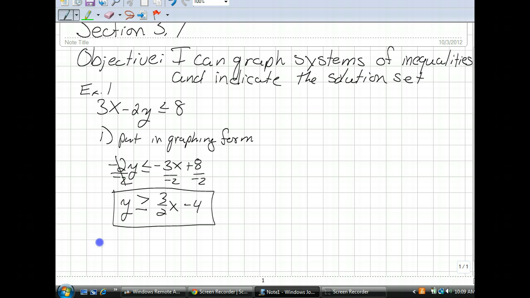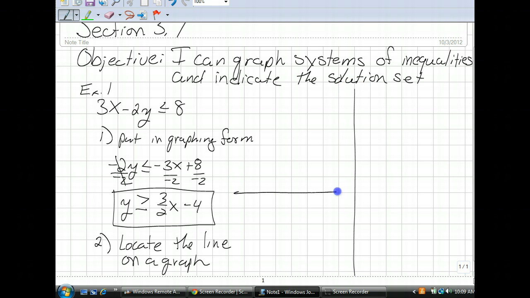Okay, step number 2 is now locate the line on a graph. Okay, so here's my coordinate plane. Here's my x-axis, here's my y-axis.